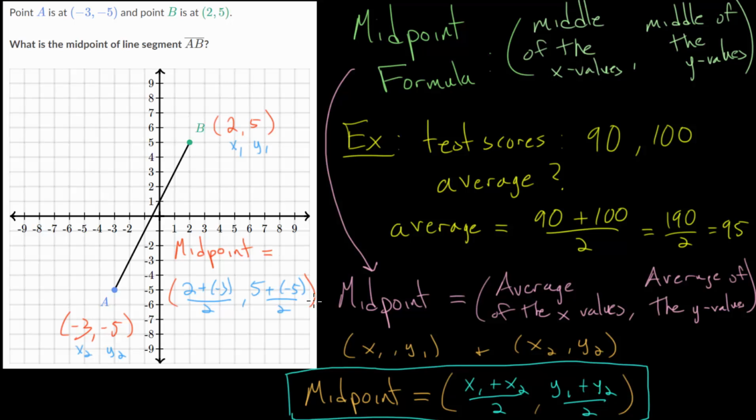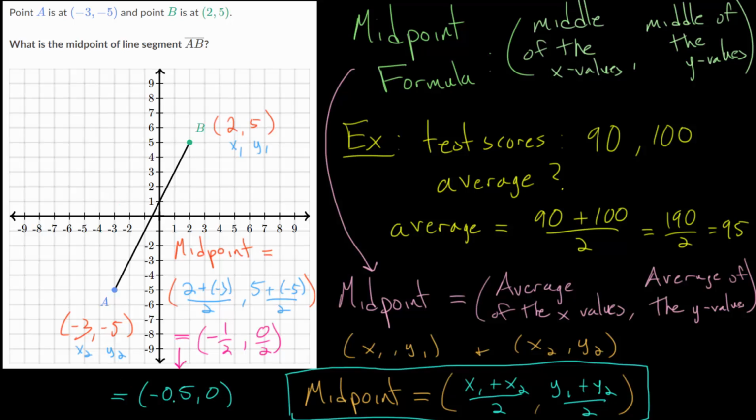And we just need to simplify this. So 2 plus -3, or 2 minus 3, that is -1, and that's divided by 2, so we're at -1/2. And 5 plus -5, that's 0 over 2. And so this fully simplifies, if we want it as a decimal, to (-0.5, 0).